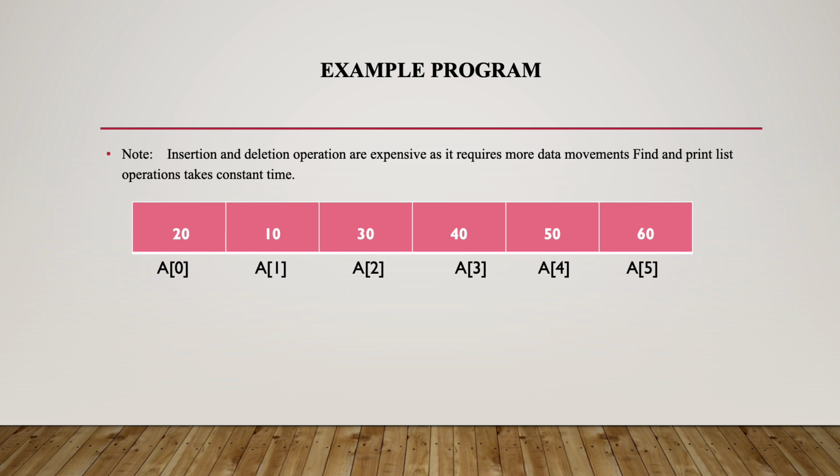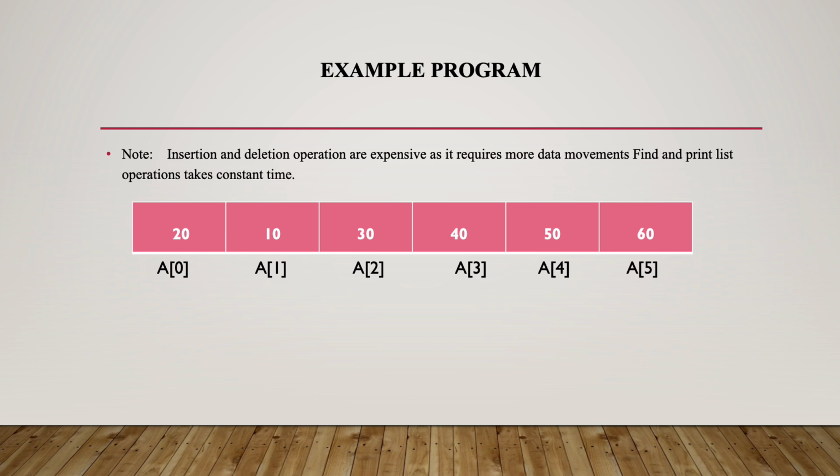It starts from 0 and so on. This index number helps us know exactly where each value is stored. You can see here it goes from A0 to A5.